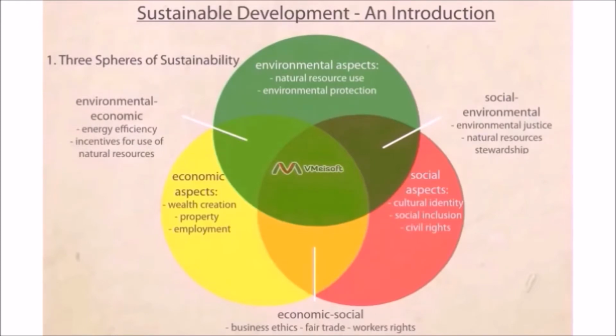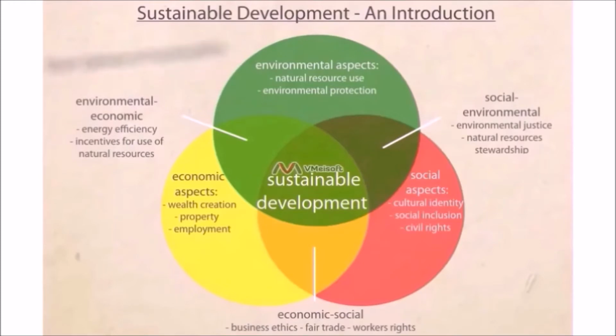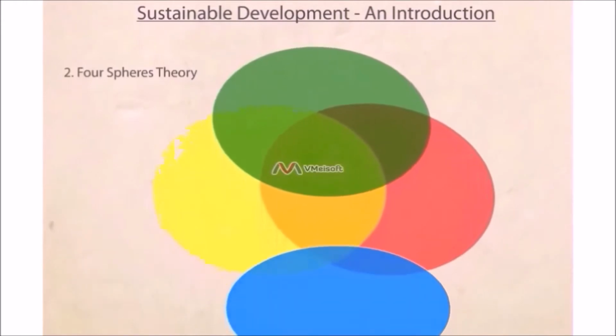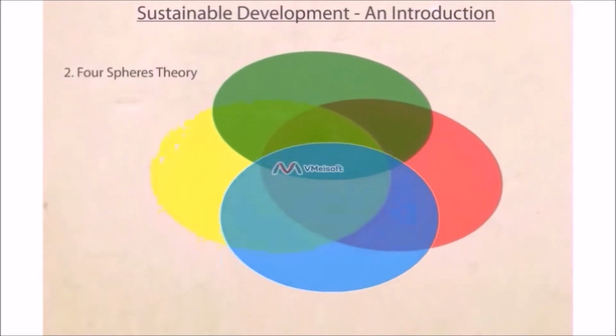In three spheres of sustainability, there are environmental aspect, social aspect and economic aspect. Mainly, we use three spheres of sustainability to describe sustainable development. Forward, we describe these concepts one by one.